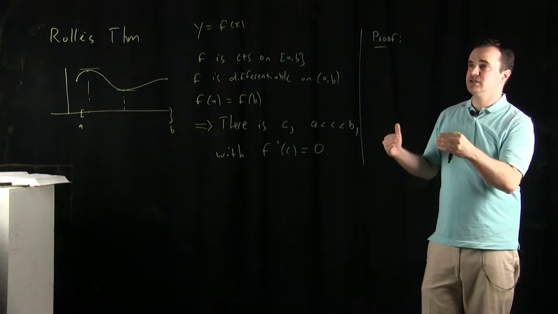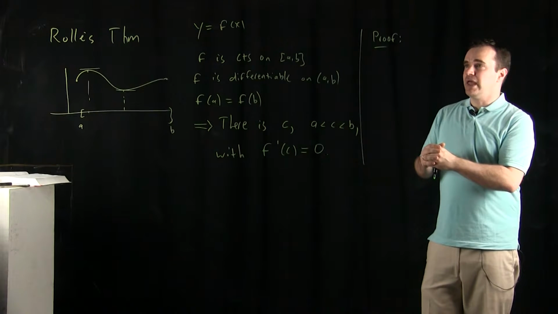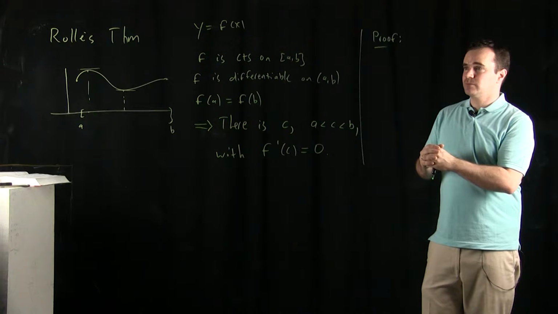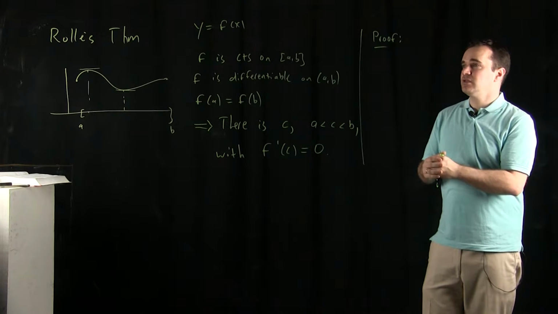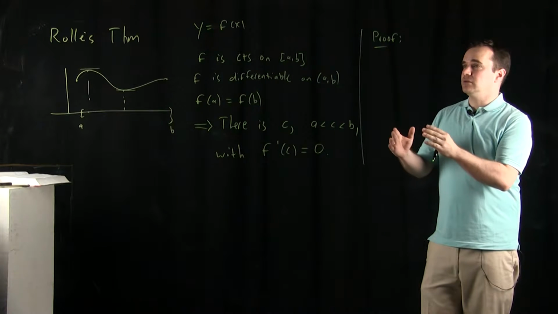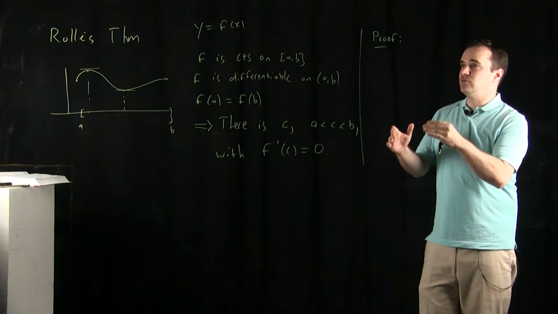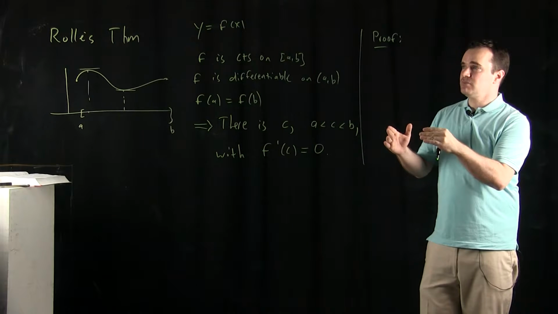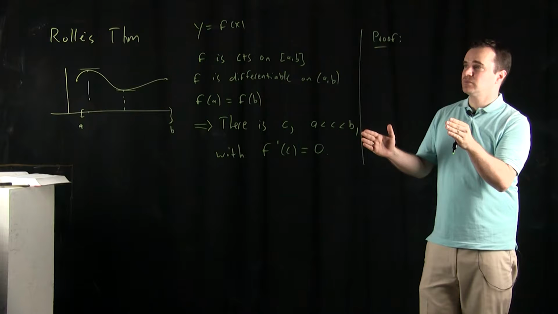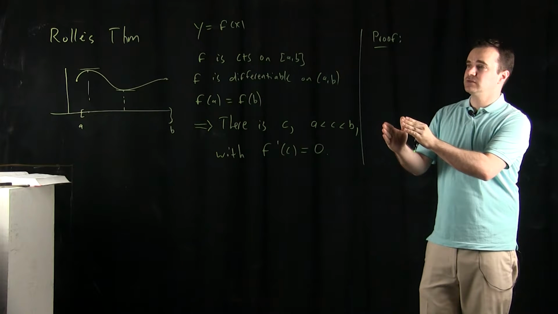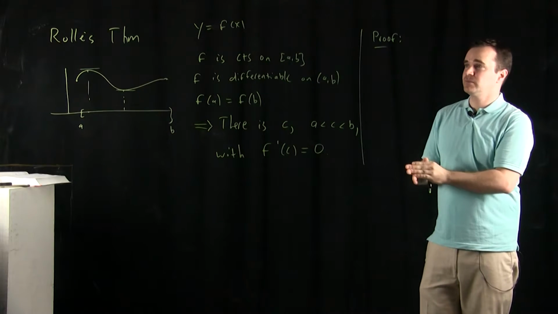That's true for any continuous function. And once you've got that, you can say, by our extreme value theorem, the maximum and or minimum must either be at an endpoint or at a critical point.